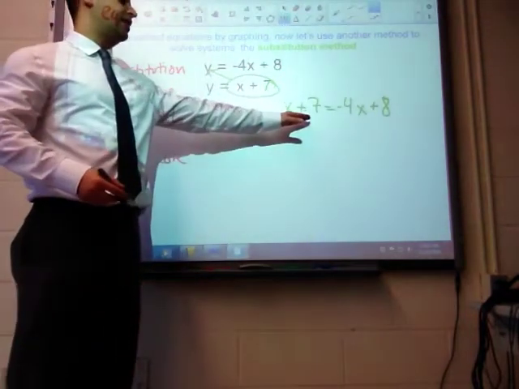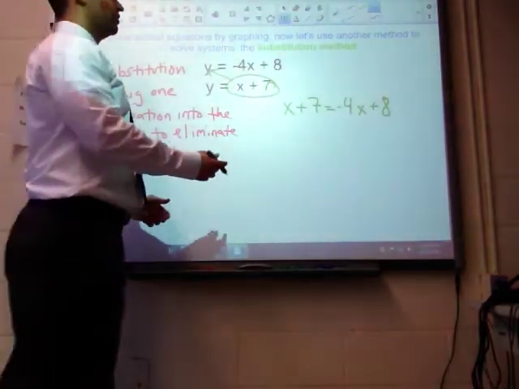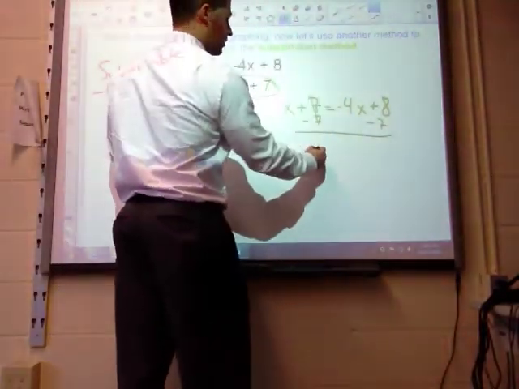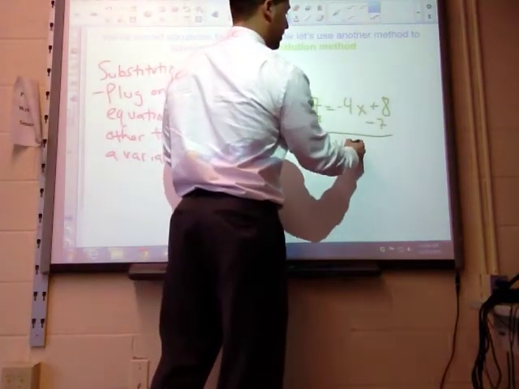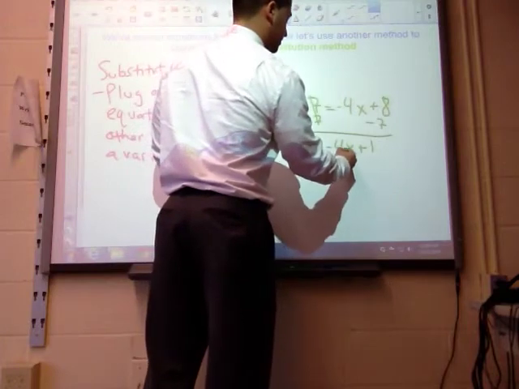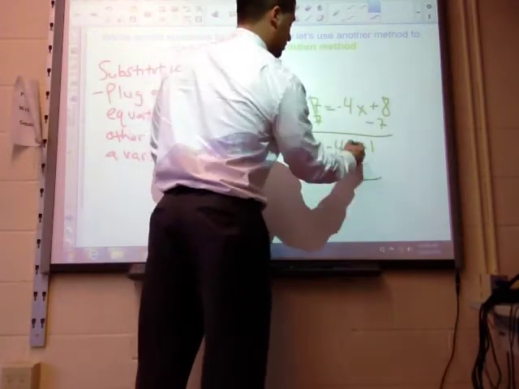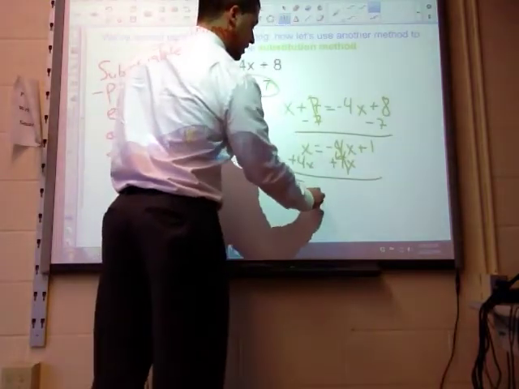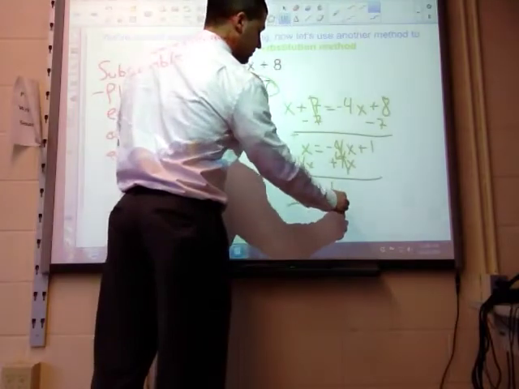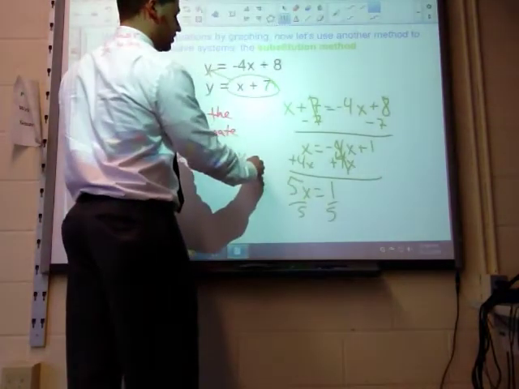Now, if you notice, we only have one variable, and we can solve this like any old equation. Subtract 7, x equals negative 4x plus 1, add 4x, 5x equals 1, divide by 5, and x equals 1/5.